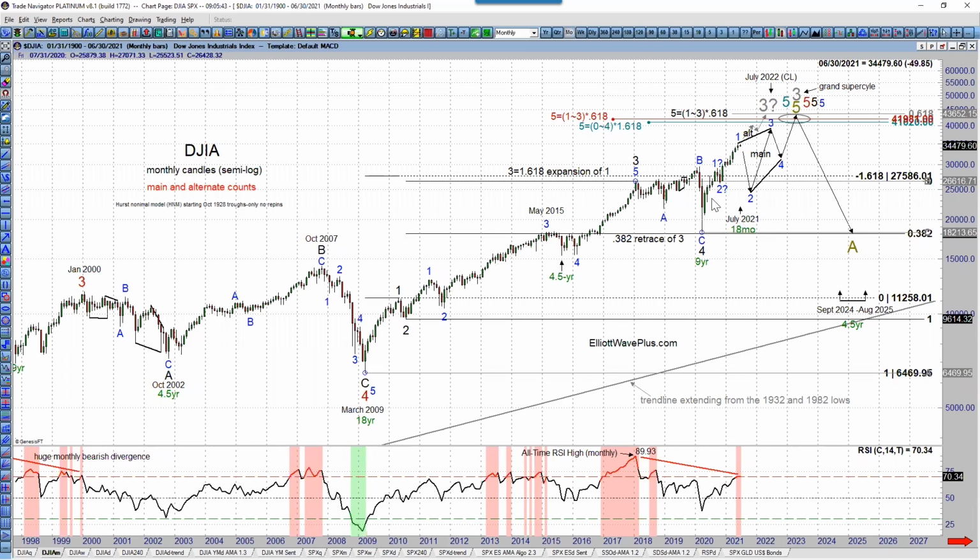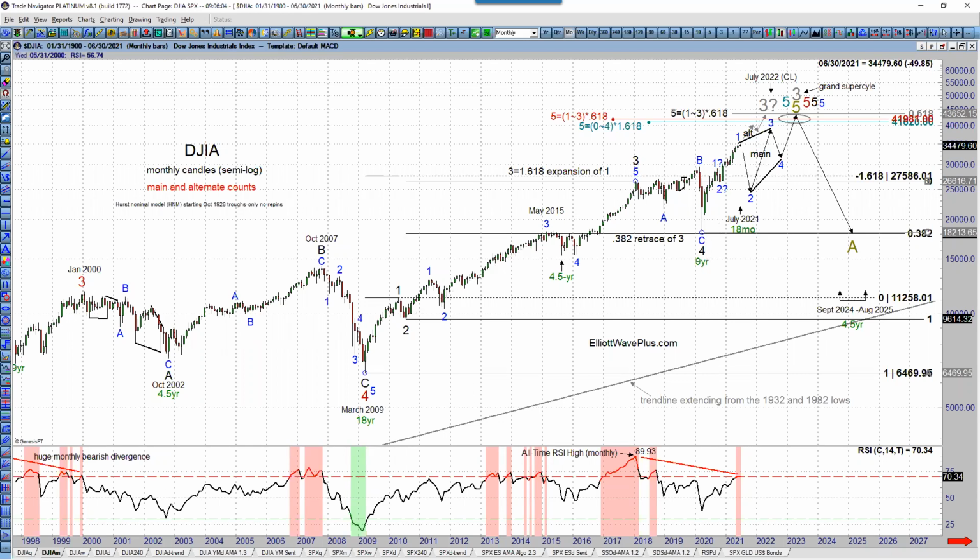The other alternative is that we got a 1 and a 2 down here, and 3 is either still underway or is topping right now, and then we get a relatively small wave 4 and then a 5th wave up.